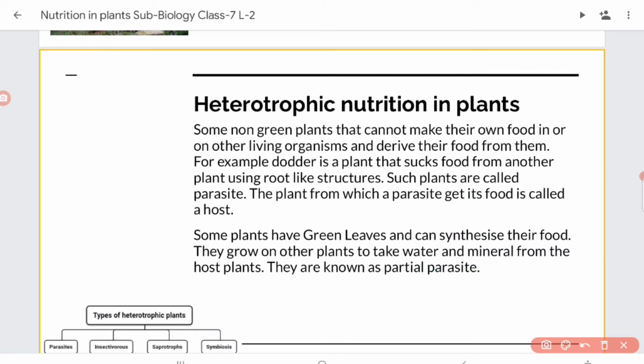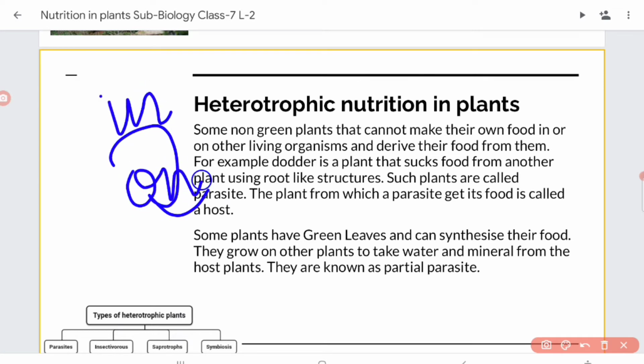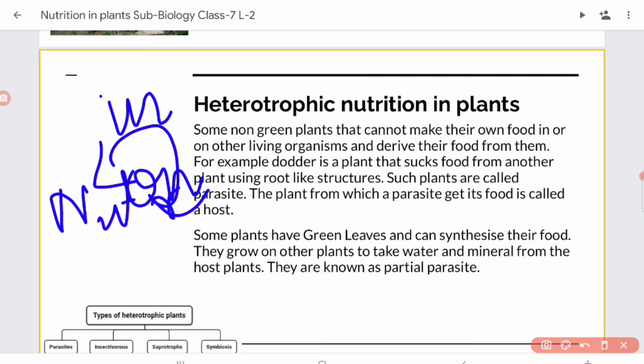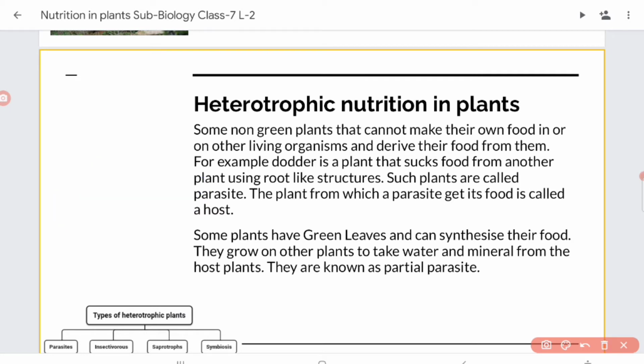Parasites are organisms that live in or on other organisms and derive their nutrition from them, like a non-green plant that lives in or on another organism.